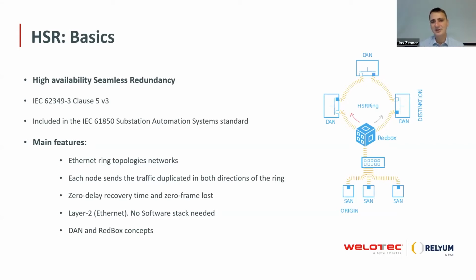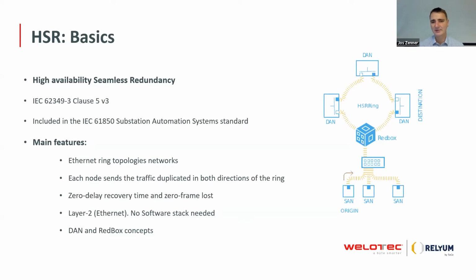In HSR, the packages are sent from the origin to the red box, and then the packages are sent directly in two directions of the ring, so that every package is sent twice. And at the receiver, the first package is accepted and the second one is discarded.